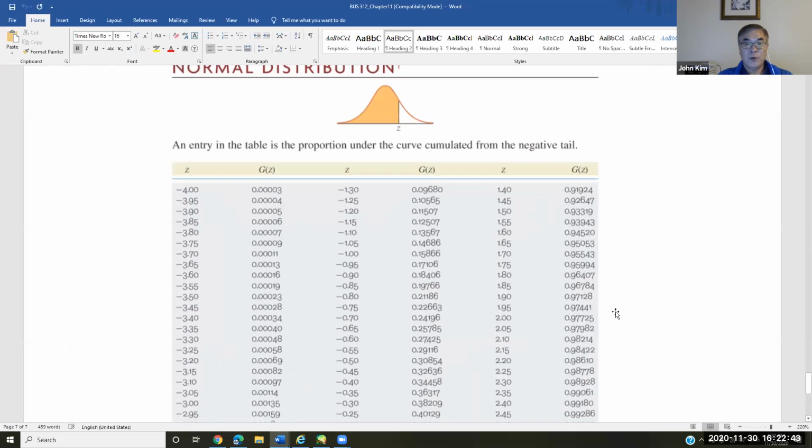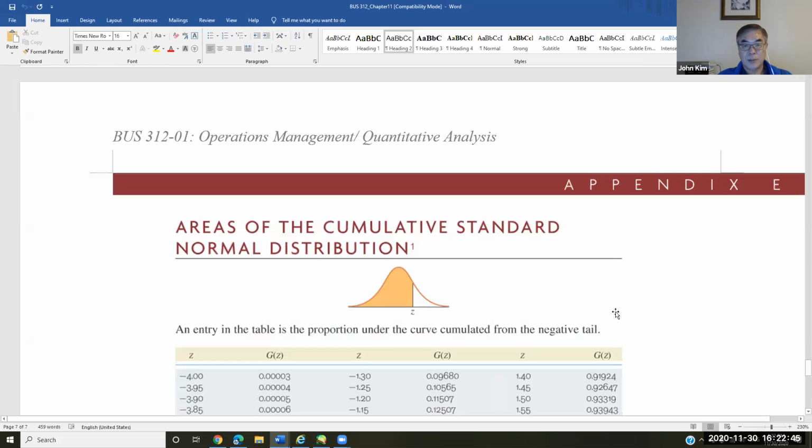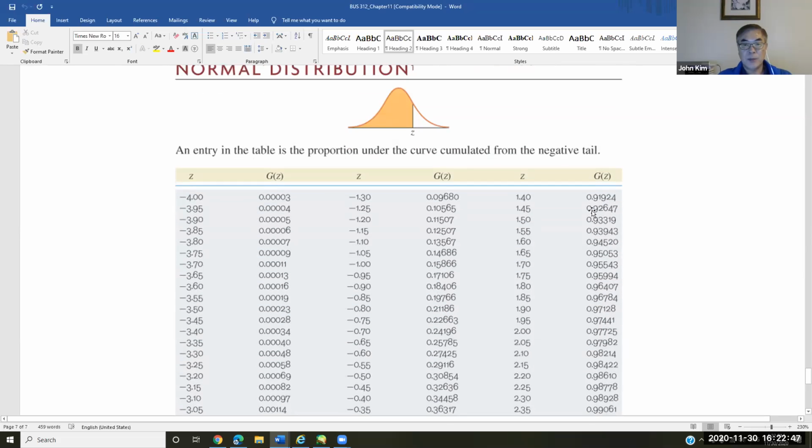0.93 is between 0.92647 and 0.93319. 0.93 is closer to this one, so take 1.5 as the z-score.